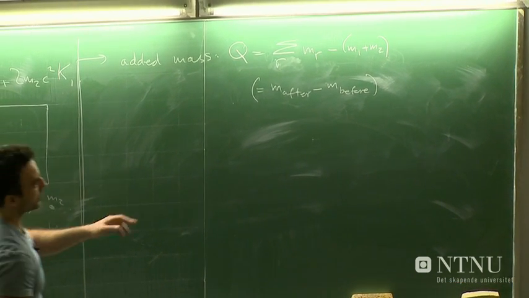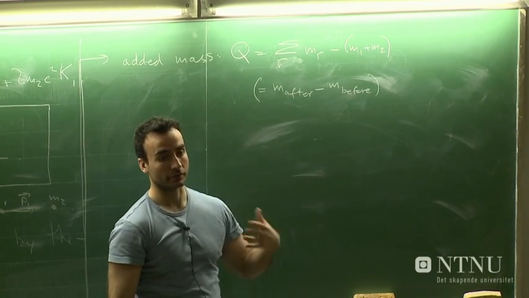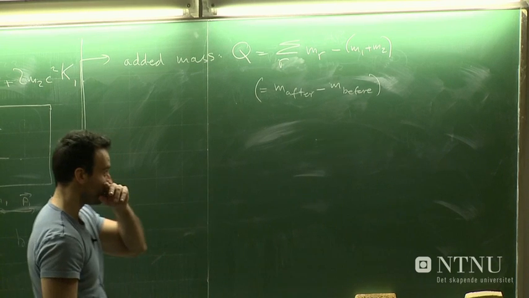So we define the quantity Q as m after minus m before, so it's the generated mass.